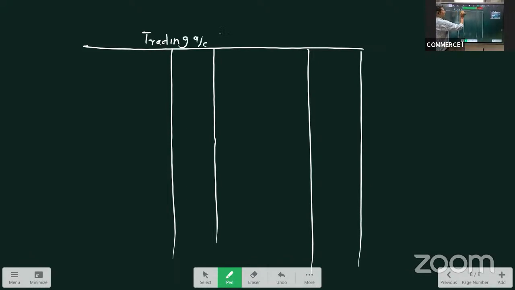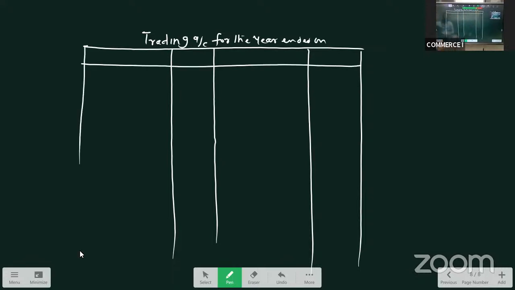Trading account for the year ended on. We write the date. We take the figure for the entire year. Throughout the year, whatever transactions are done, the ones which we have to take in trading account we will take.